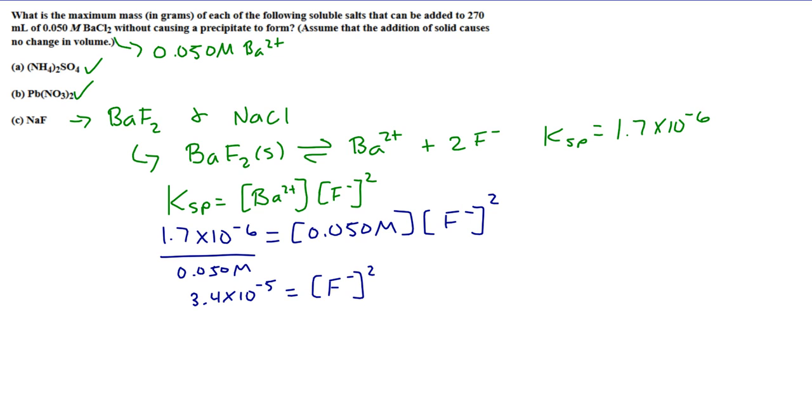Bring around the 2. Now at this point, because it's squared, but it's the unknown, to get rid of that square, we're going to take the square root of both sides. So that'll get rid of the square, so we're just left with the fluoride ion. And the square root of 3.4 times 10 to the -5th is 0.00583. So that is our concentration of fluoride ion.